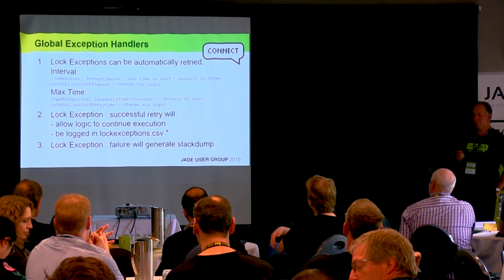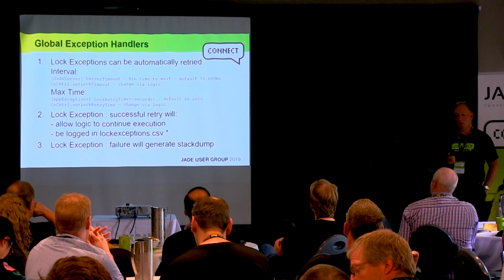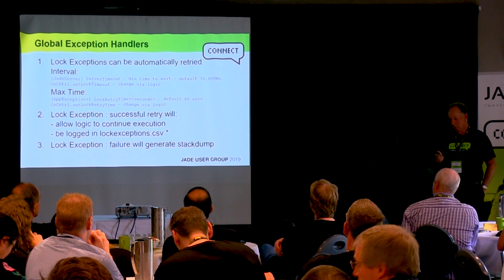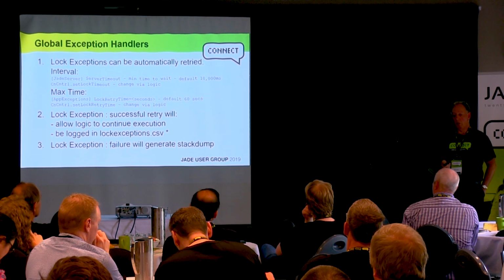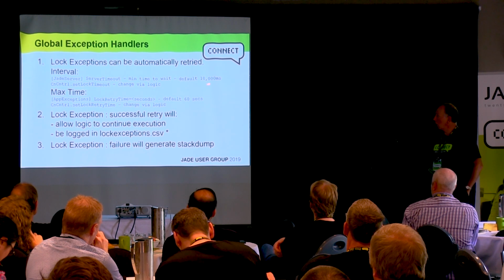Lock exception. So our deadlock exception handler will automatically retry any lock exception it gets. And the interval by default, if you haven't specified it, is the server timeout, which defaults typically to 10 seconds.